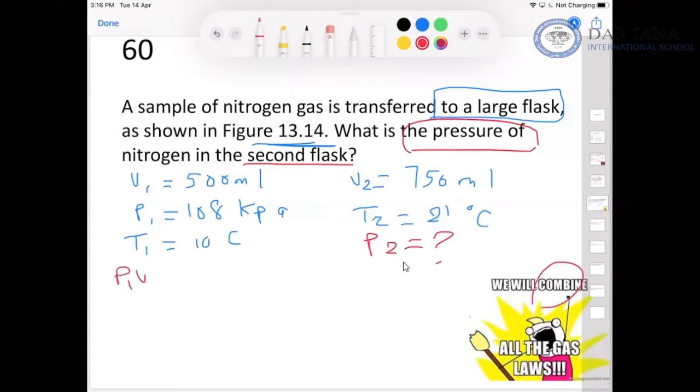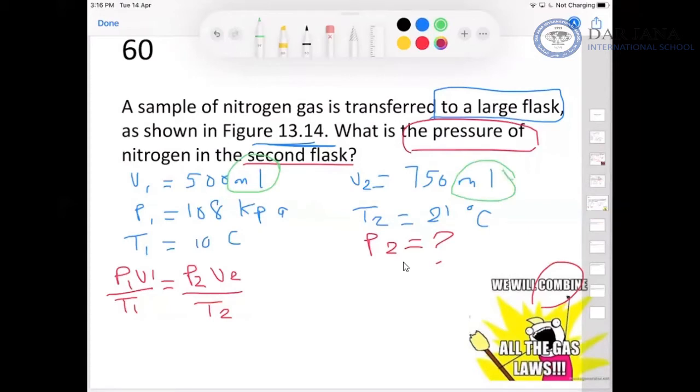P1 V1 over T1 equals P2 V2 over T2, right? Now I wanted to always keep an eye on the units. In the combined gas law, the temperature should be in Kelvin in any gas law, and the volume could be in liter or in milliliter as long as the units are homogeneous. So when you check this equation, V1 is in milliliter and V2 is also in milliliter, so you don't need to convert.